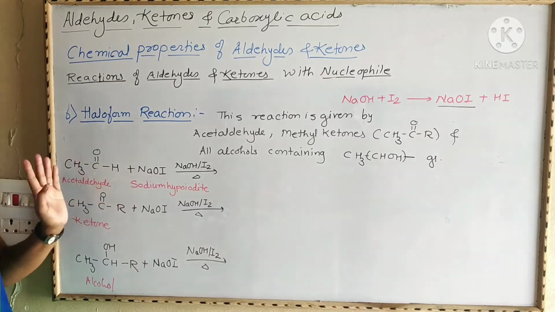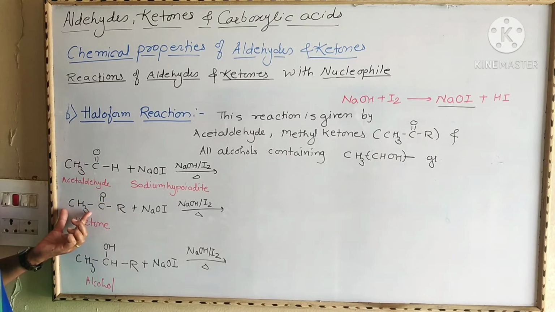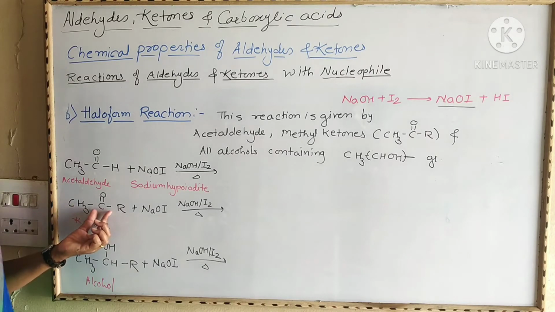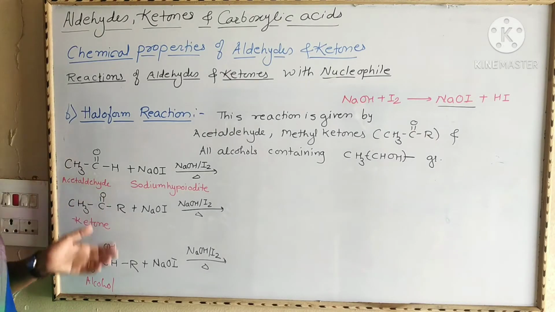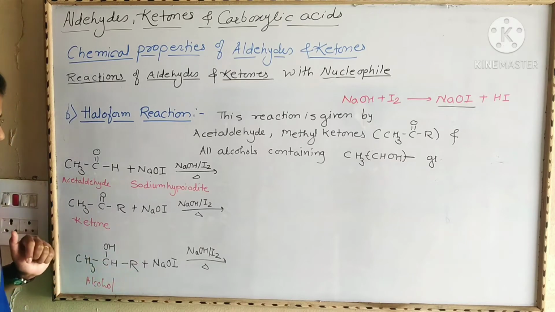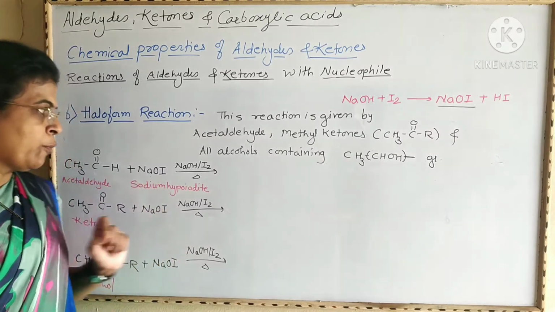Ketones, in which one alkyl group must be CH3 group attached to this carbonyl carbon, then undergo haloform reaction. Or alcohols which possess CH3 group attached to the CHOH group can undergo haloform reaction. In this reaction aldehydes or ketones or these alcohols undergo oxidation in presence of sodium hypoiodide.